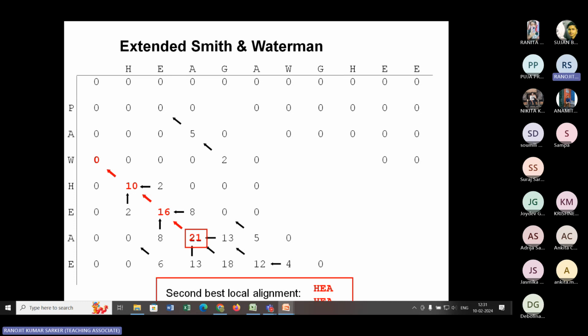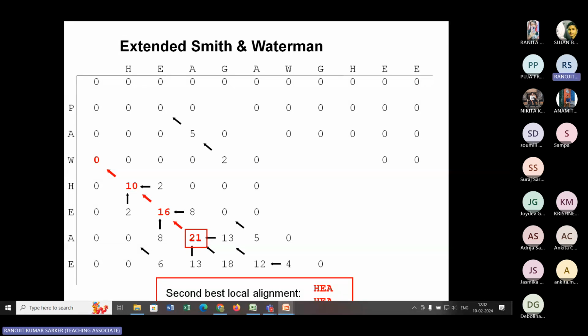Now you can see the two best local alignments. The first, you have seen that the length of that local alignment was larger as compared to the second best alignment. Now you consider the two sequences. Now you are in a position to compare when to apply NW and when to apply SW. How? Looking at sequence 1 and 2, it seems the sequences are dissimilar, if you analyze them without any calculation.